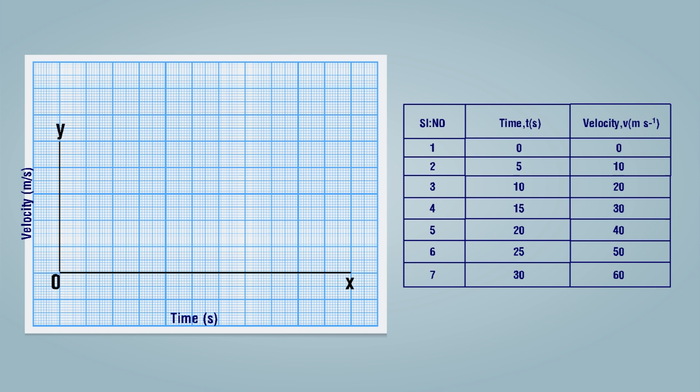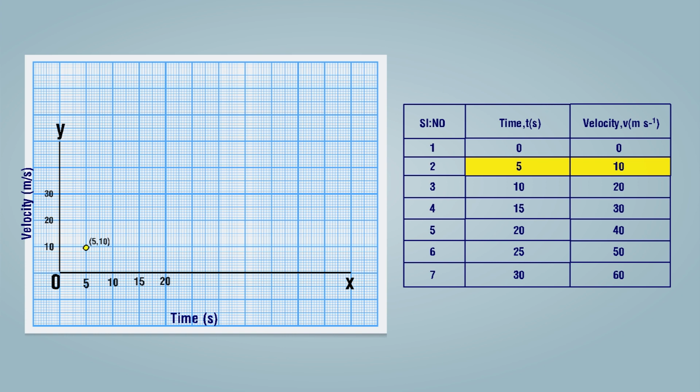Mark the time 5 s, 10 s, 15 s on the x-axis at every centimeter from the origin O. Similarly, mark the velocity 10 m/s, 20 m/s, 30 m/s on the y-axis at every 1 centimeter from the origin O.